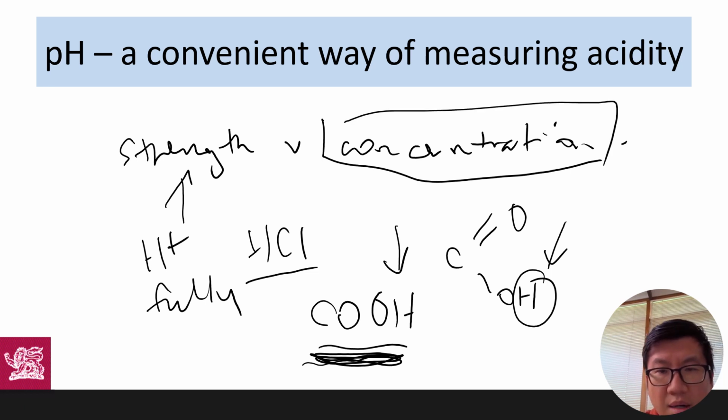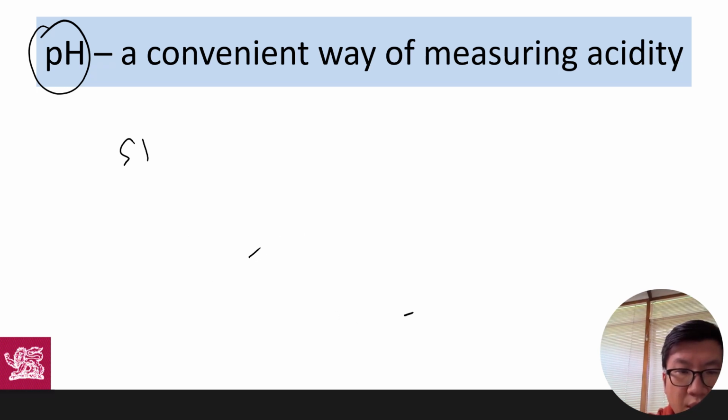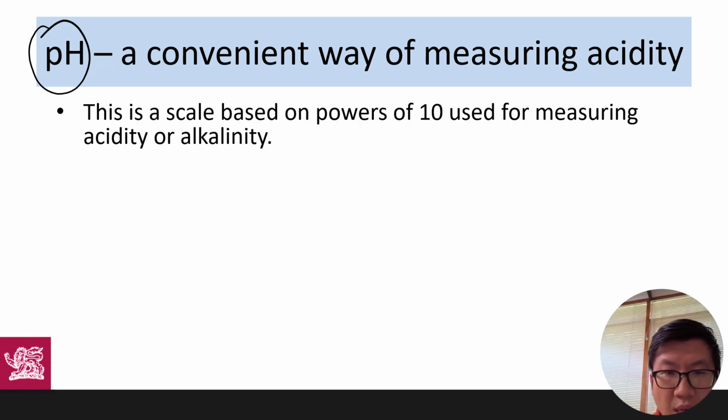Concentration, you could talk about the concentration of molecules of acid, or you could be talking about the concentration of hydrogen ions. And the concentration of hydrogen ions is how we measure pH. So we're going to get into that. Okay. So let's take a look at what the slide provides.